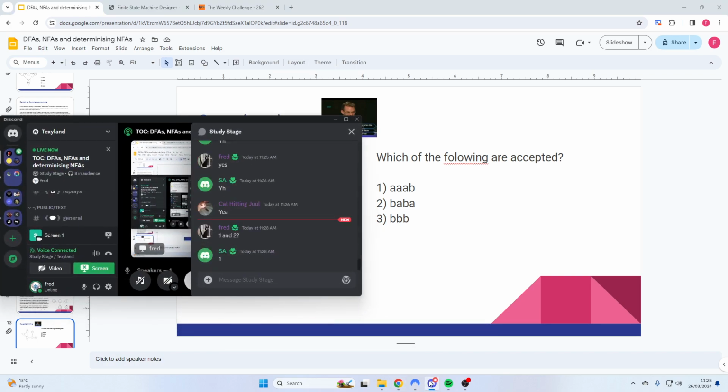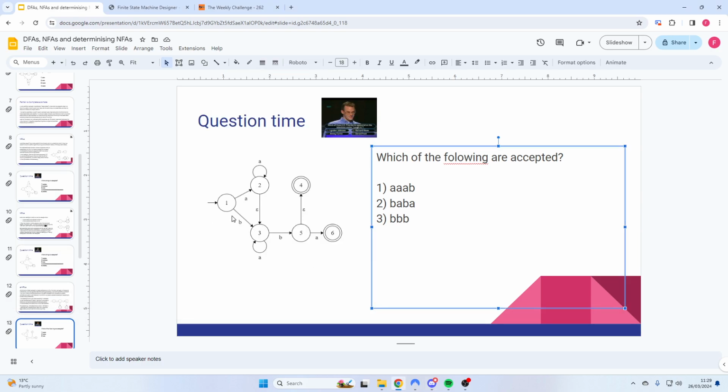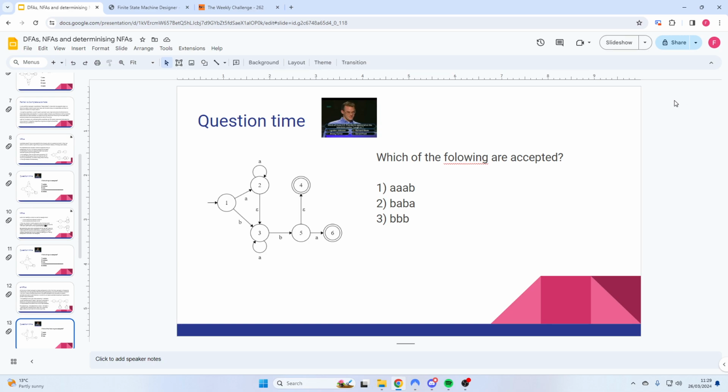Fred says 1 and 2. SA says 1. Manj says 1 and 2. Shay says just 2. Okay, so we can already see it's harder to think about these when you're considering being in multiple places at the same time.